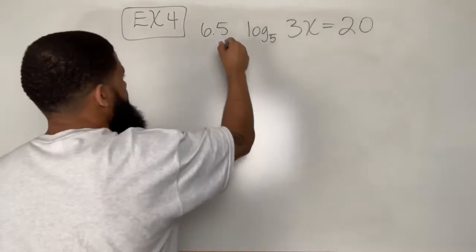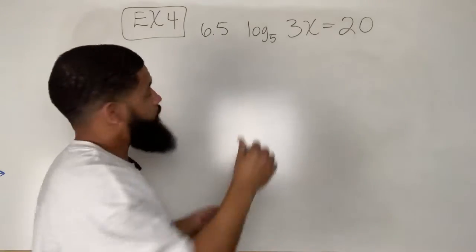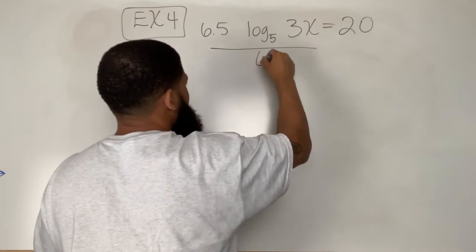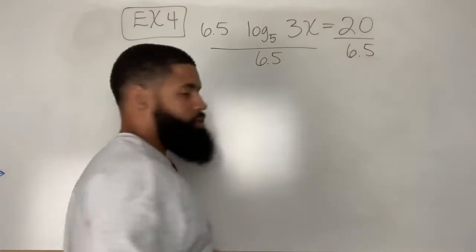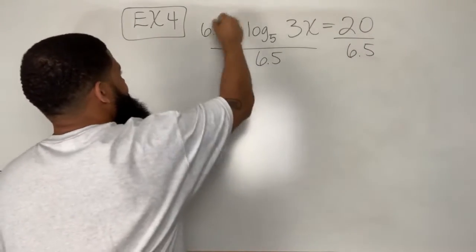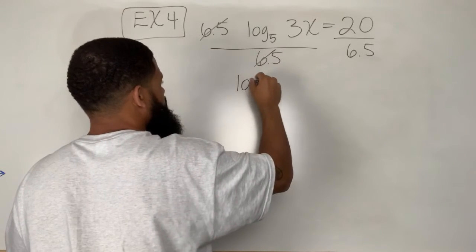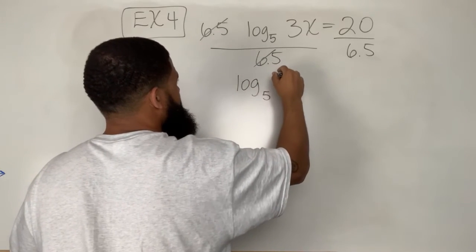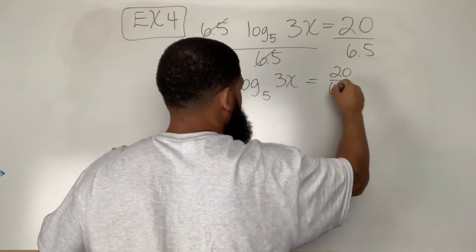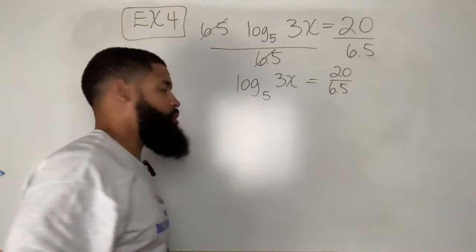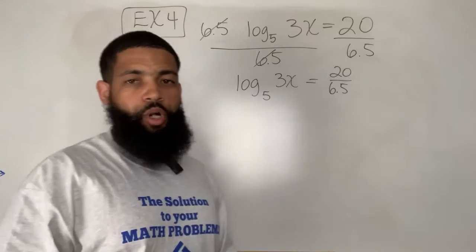So we want to divide both sides by 6.5. My apologies for the mistake. Just to let you all know, I'm not perfect. So this divided by this leaves me with log base 5 of 3x is equal to 20 over 6.5. I want to leave it there like that for approximation purposes.